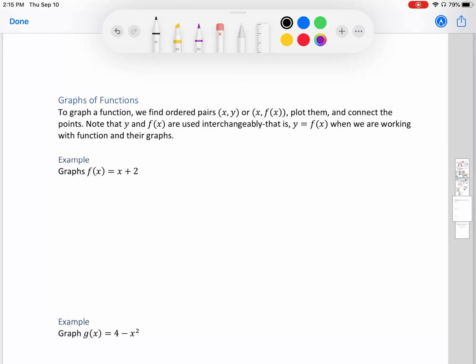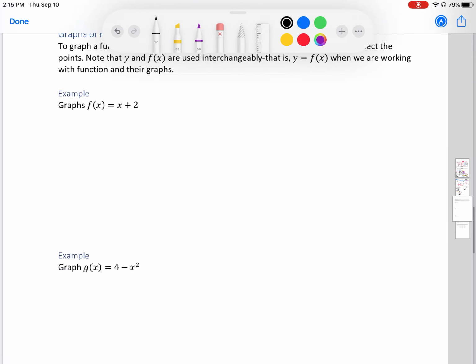We are working with function notation and their graphs. Okay, so you might recognize this first one. This one's going to be a linear function. I didn't include a chart, so let's go ahead and draw our own Cartesian plane.